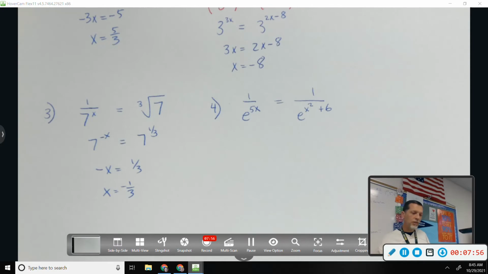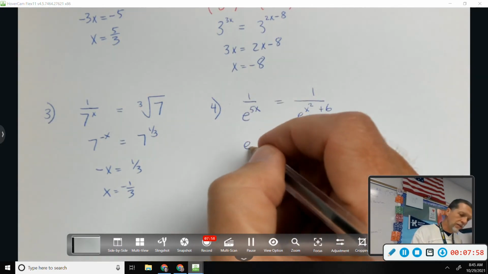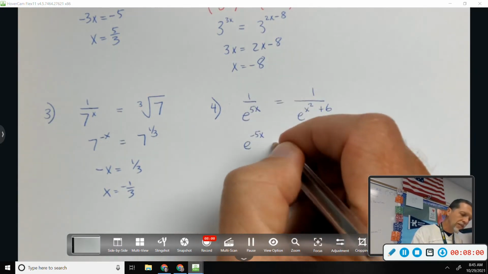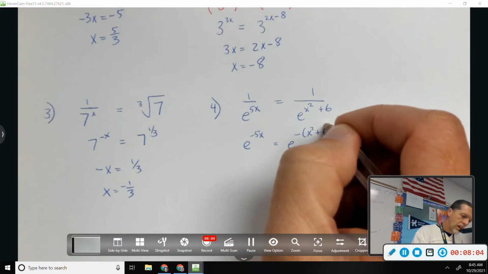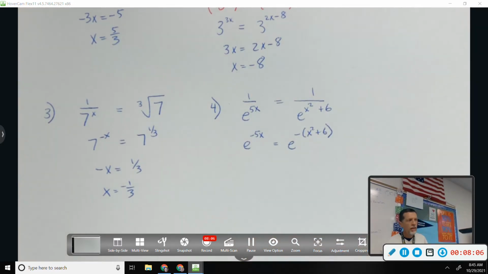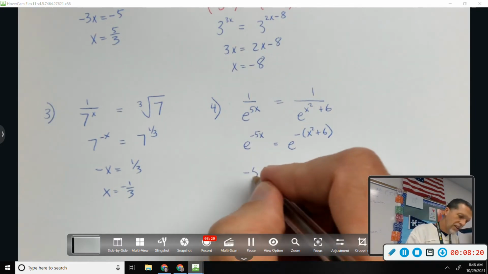That's what I would do. They're flipped, so we can unflip them by putting a negative on the exponent. I guess we're not unflipping them, we're flipping them back. Either way, same thing. And then now you can delete the e's. Oh, the mathematician in me cringes to say that, but that is kind of what's happening.